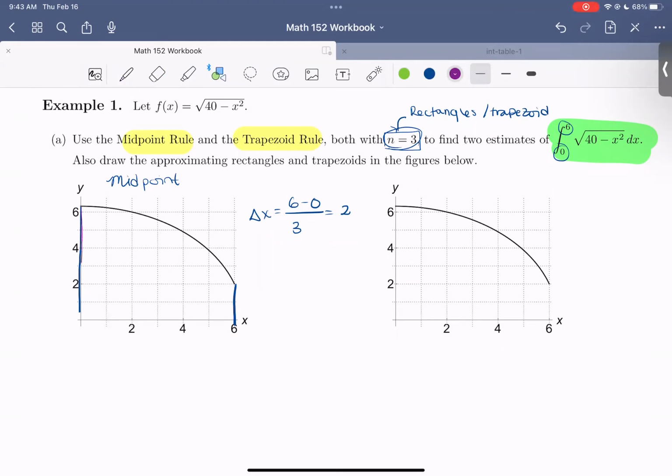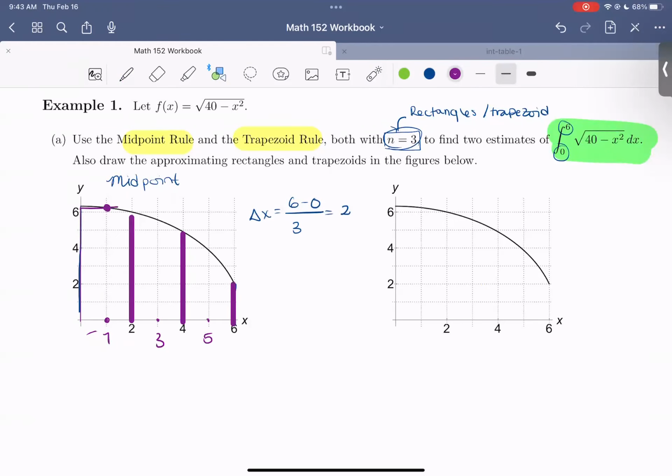I'm first going to draw in our separators here, and then we'll determine how high we should draw these. Again, we're going to be using the midpoint of each interval to calculate that height. So that means we're going to use this point here at 1. I'll erase so that we can see. We're going to use 1, 3, and 5. The height of our first rectangle would be this high.